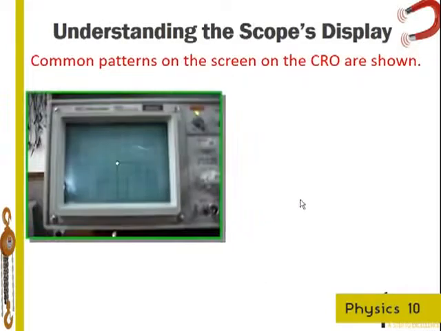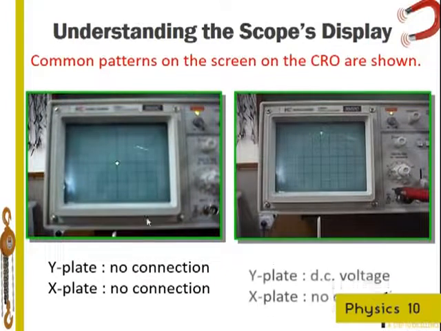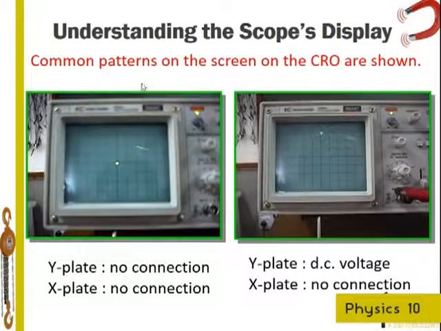If we look at an oscilloscope, in fact, if we look at these two here, we can see what the patterns would look like on the screen. So here we have a dot right in the center of the screen because there is no connection to the Y plate, there's no potential difference, and there's no connection to the X plate. So again, there's no potential difference. The result is that when you turn on the oscilloscope, the dot will be right in the center of the screen.